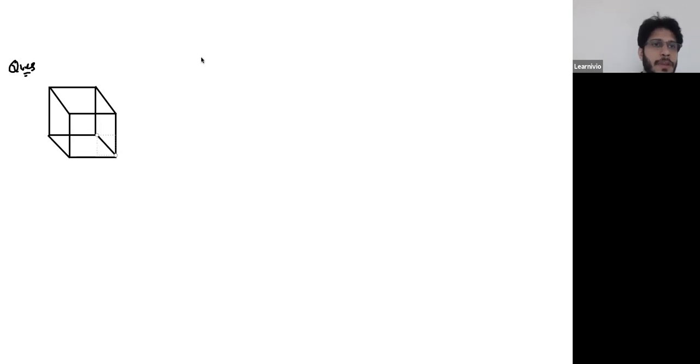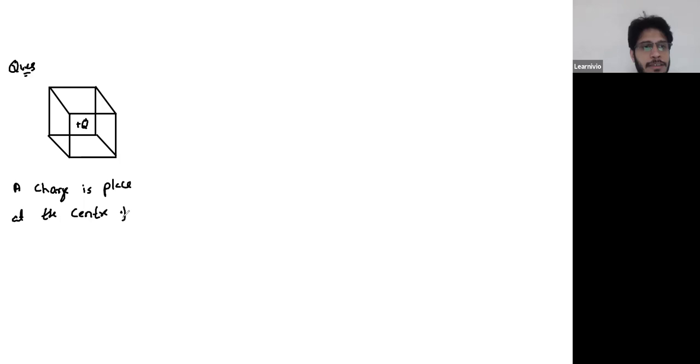Inside this cube, you place a charge q at the center of the cube.